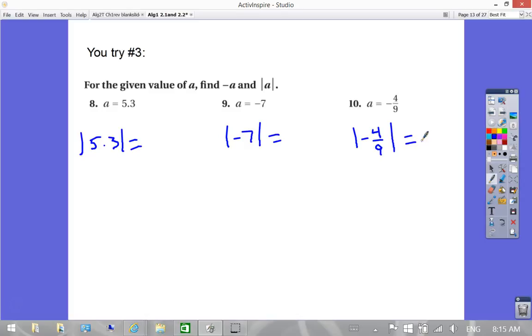So make sure we use those symbols, right? You don't want that to be the first thing that's confusing you in the homework, that you don't know those symbols. What's the absolute value of +5.3? 5.3. And the absolute value of -7? +7. And the absolute value of -4/9? 4/9. Right? Simple.